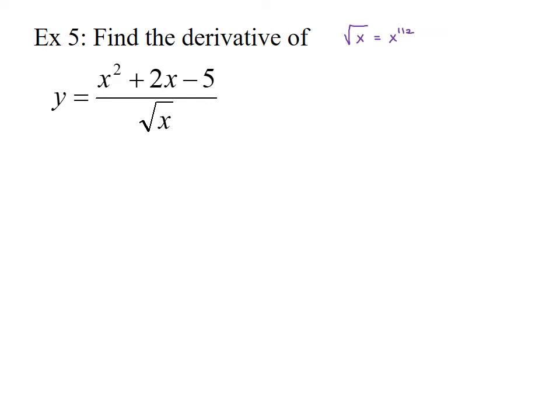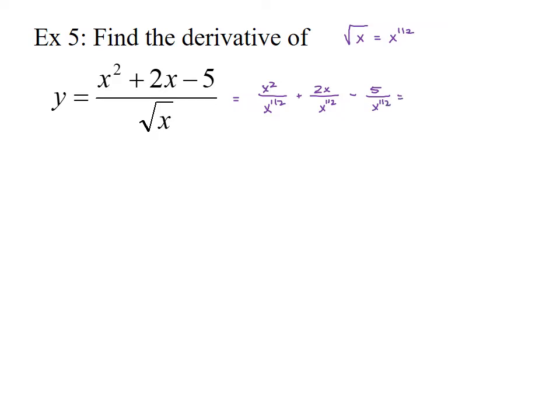So that bottom term you can change to a 1/2 power, but then you've got to divide each and every term by that. So if I were to rewrite this, I could write this as x squared over x to the 1/2 plus 2x over x to the 1/2 minus 5 over x to the 1/2.